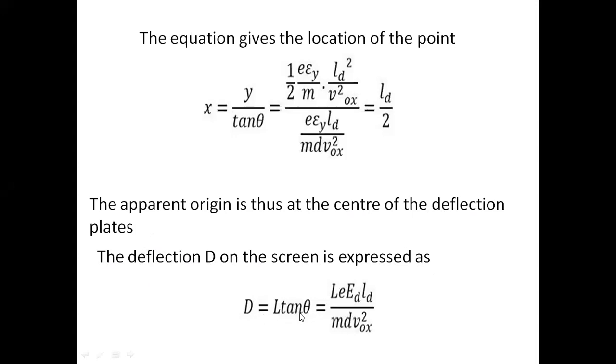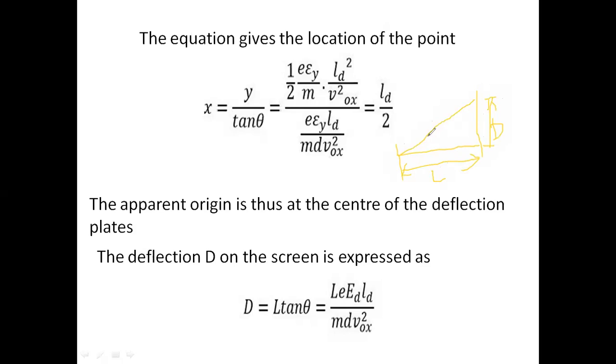From the tangent triangle, this deflection is D, and this is the capital L, the distance from the screen to the center of the deflection plates.